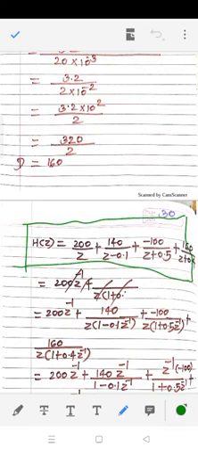Now if you observe this h of z, our first step is complete, but again we don't have z inverse terms. So that's why we have to convert this into z inverse terms. So this z is going in the numerator, so that becomes z inverse.